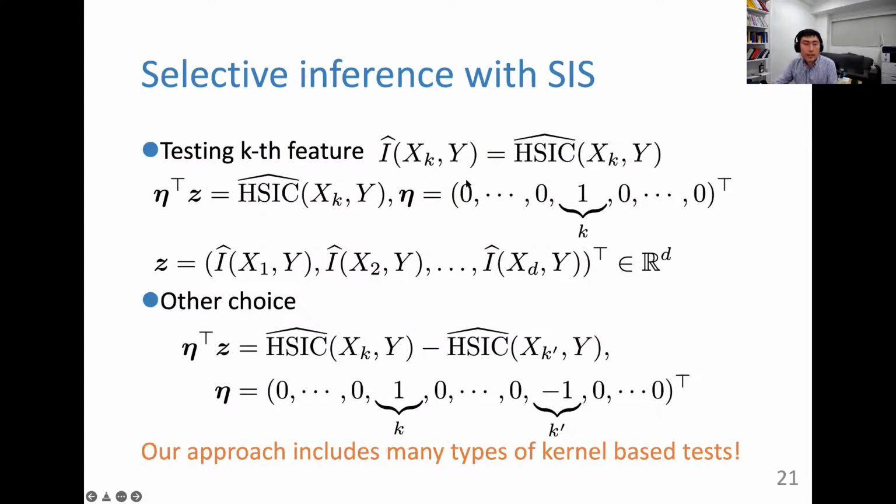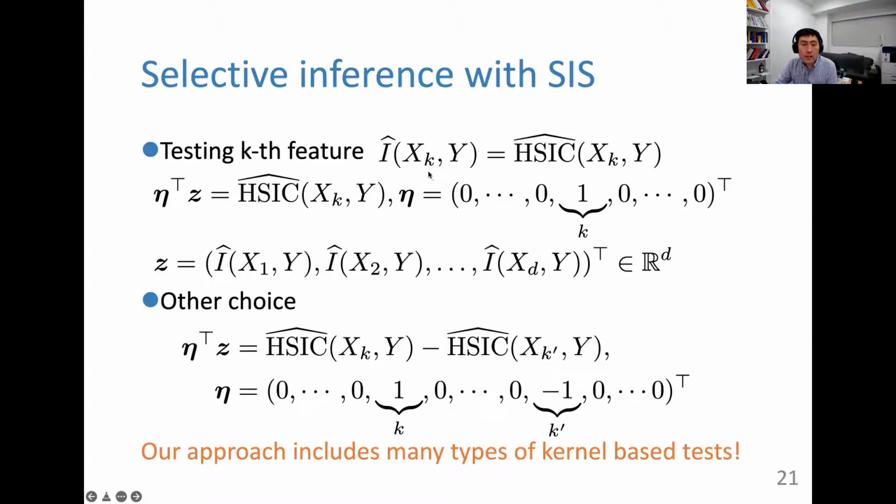Okay, so now I'll talk about this eta transpose Z part. Now we want to test the k-th feature. The k-th feature is basically this one, right? This I is some independence measure, and we are using HSIC values here.